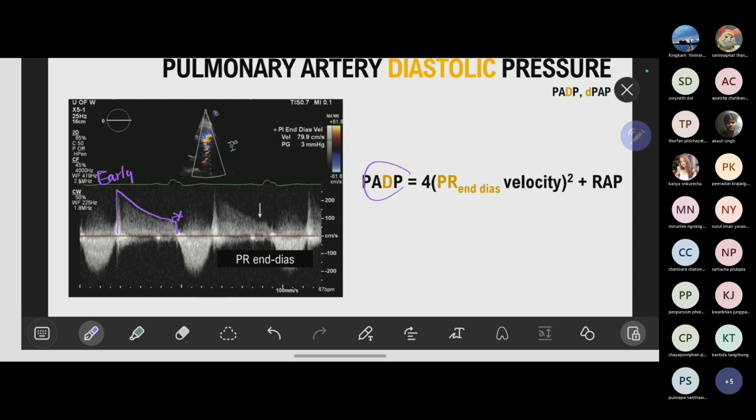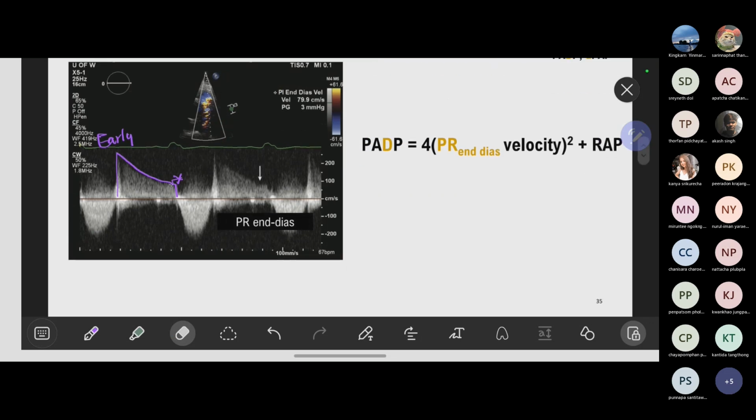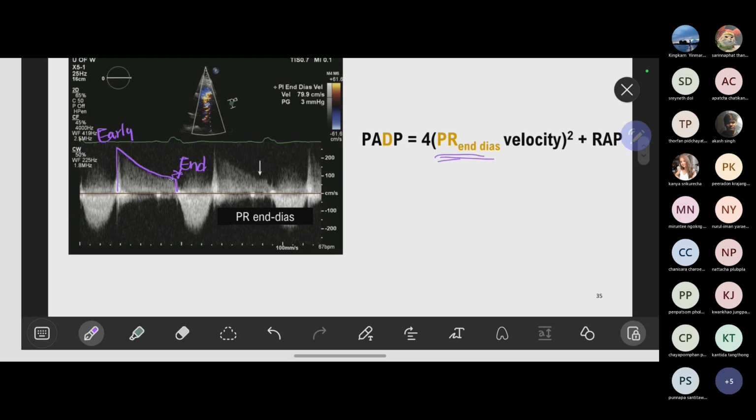So PADP can be calculated from this formula, which is equal to PR end-diastolic velocity squared and multiplied by 4, and then plus RAP. Use PR end-diastolic velocity to calculate PADP.